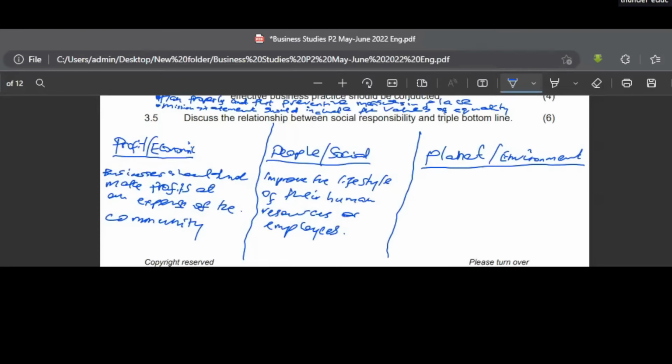Under the planet, recycle waste such as packaging from recycled material.